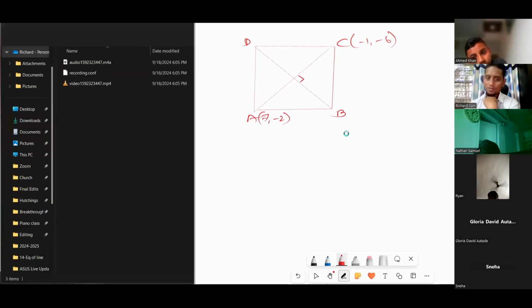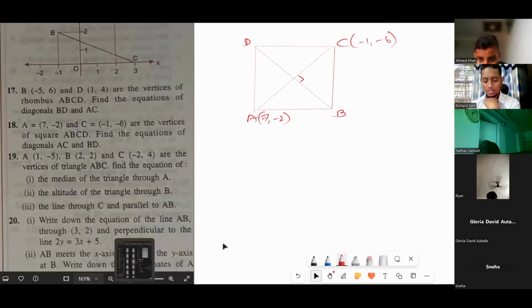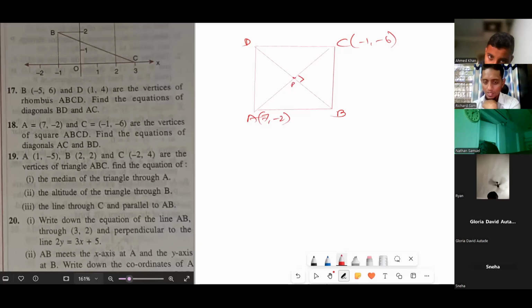How do you find the equation of BD? We can find the points there between, like P. Okay, with this midpoint you're saying? Yes. We find the midpoint of AC. That midpoint of AC will also be the midpoint of BD, or it is a point on the line BD.